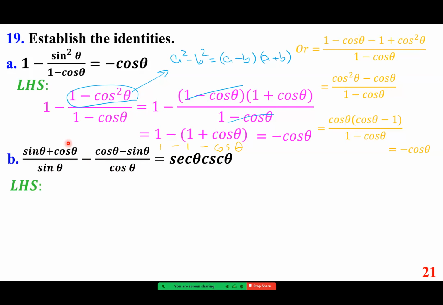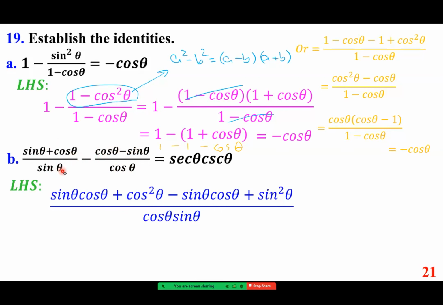So we multiply these 2. This becomes sine theta cosine theta. This becomes plus cosine squared. Now we multiply these 2: minus sine theta cosine theta, and minus and minus plus sine squared theta. I'm assuming we are okay with that. I'm going to write it at top so you'll be clear as to what happened here.